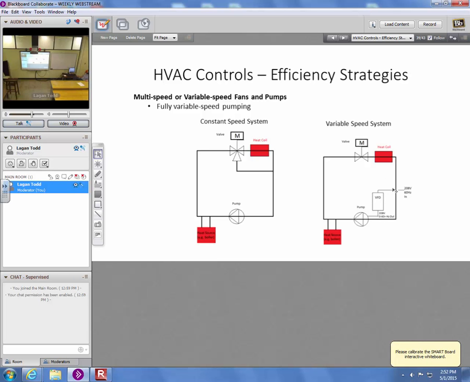If instead you add a VFD or an ECM motor that can vary its speed, as this valve starts to close down, and you have some way to tell the system that the valve is closing because it doesn't want as much flow, you slow the pump down and match the pump speed to the valve position, more or less, and vary the flow rate through the system.